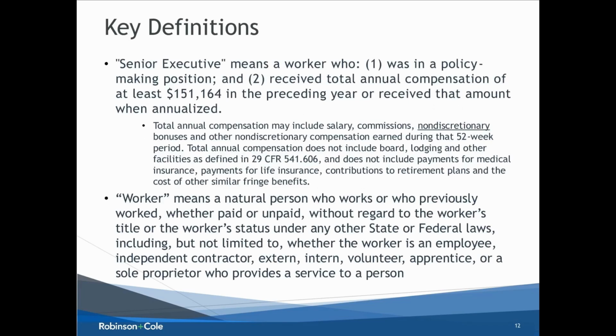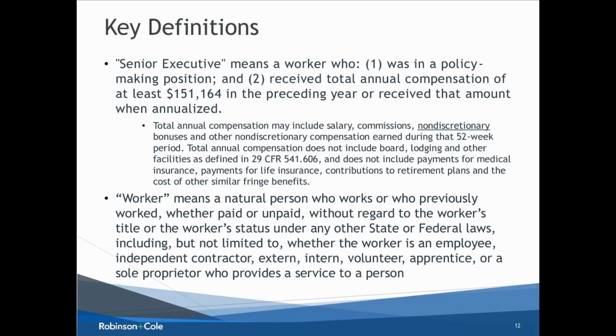So now we get to that kind of second bucket definition. We were talking before about workers who are not senior executives, and then we're going to talk a little bit about who senior executives are. And the definition was kind of crafted to tilt towards more highly compensated individuals who perform decision-making functions, but query whether that number that you see there is really a meaningful demarcation in our current economic climate.